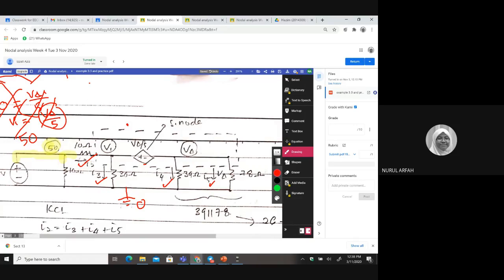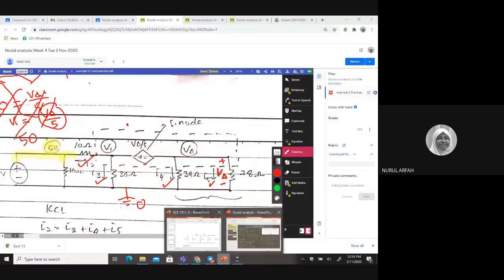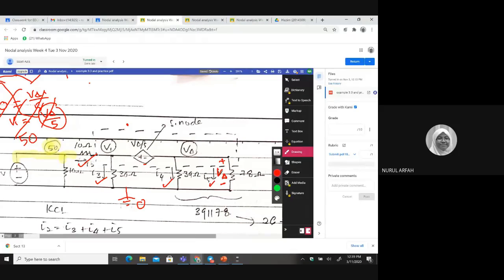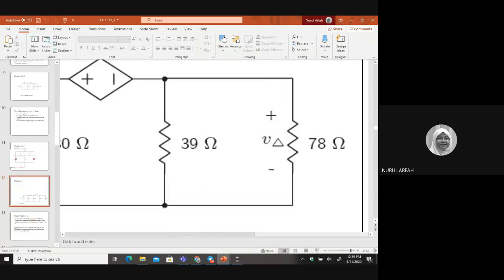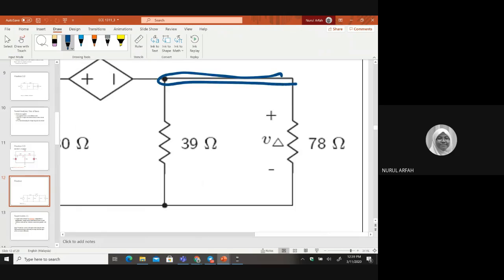Why is it good? Because if you look at your V delta here, it's already stated at this part, or you go back to your question here. Let me show you this part. The information is there, so you use whatever they provide you. So the upper side here should be the node of V delta.